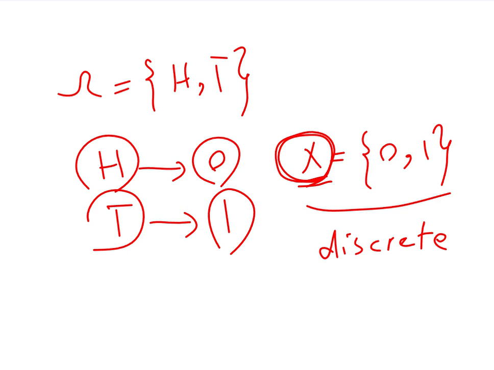Again, back to this example, tossing a coin. Our random variable X takes the values 0 and 1.